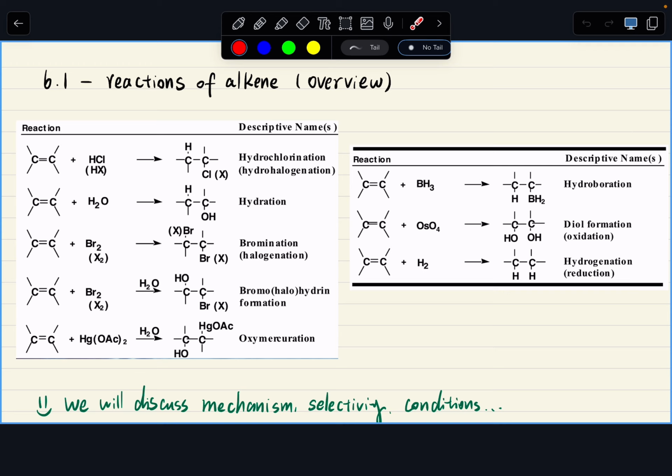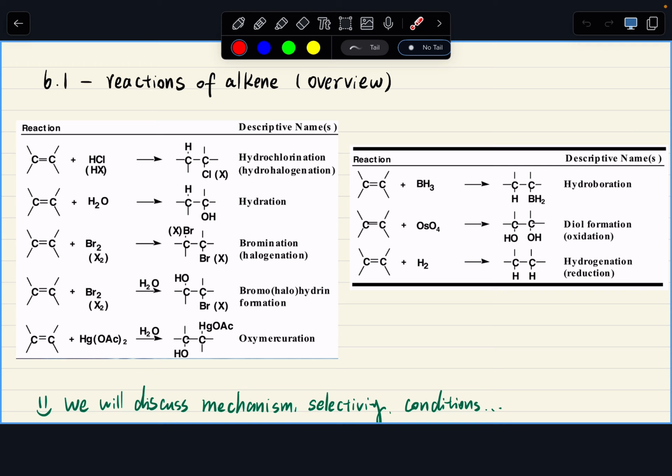So at the end of the chapter, you'll have an idea about how to predict the reaction outcome from knowing the reactant and your condition. Or we give you the product and the condition, and can you go back to say what reactant I need if I want to make the product I desire? All right, and we will go over all of them together.